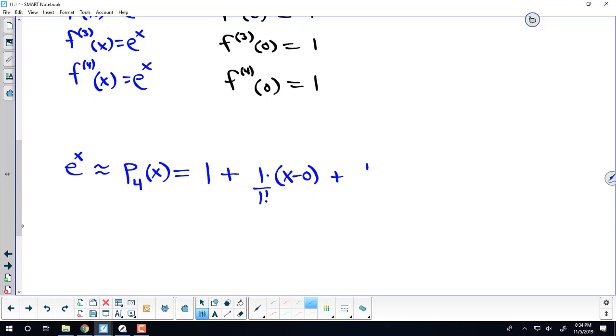The second derivative's coefficient was also 1, so it needs to be over 2 factorial times x minus a to the second power. The next coefficient, its numerator was 1. This is from the third derivative, so it's over 3 factorial times x minus 0 cubed.